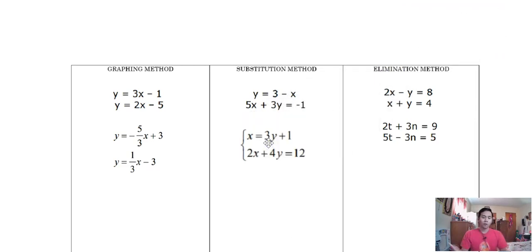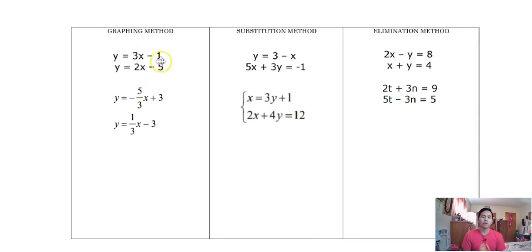There. So let's review. We're going to use the graphing method if both equations in your system are written in y is equal to mx plus b. Use the substitution method if the value of one variable is given, let us say x is equal to an expression, just like here, x is equal to 3y plus 1.